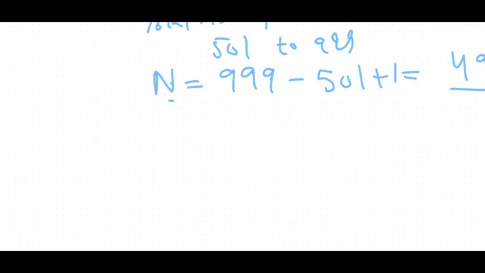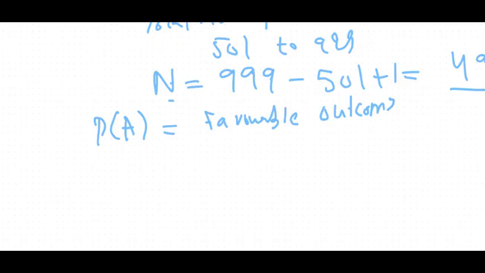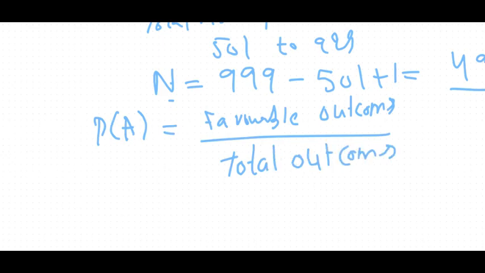Okay, so we can write P of A equals favorable outcomes divided by total outcomes. So the favorable outcomes we have is 153 and the total outcomes we have is 499. This is our P of A.